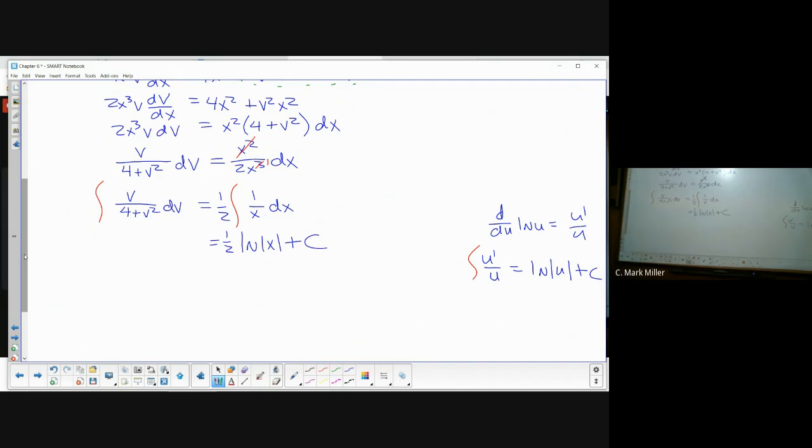That's a soccer team forgetting its cleats, right? Won't work. Now this one, I told you they're the same type, right? So for this one, I want to make the top the derivative of the bottom. What's the derivative of the bottom? 2v. So I'm going to put a 2 up top. That makes it the derivative of the bottom. And I put a 1/2 out here to compensate.